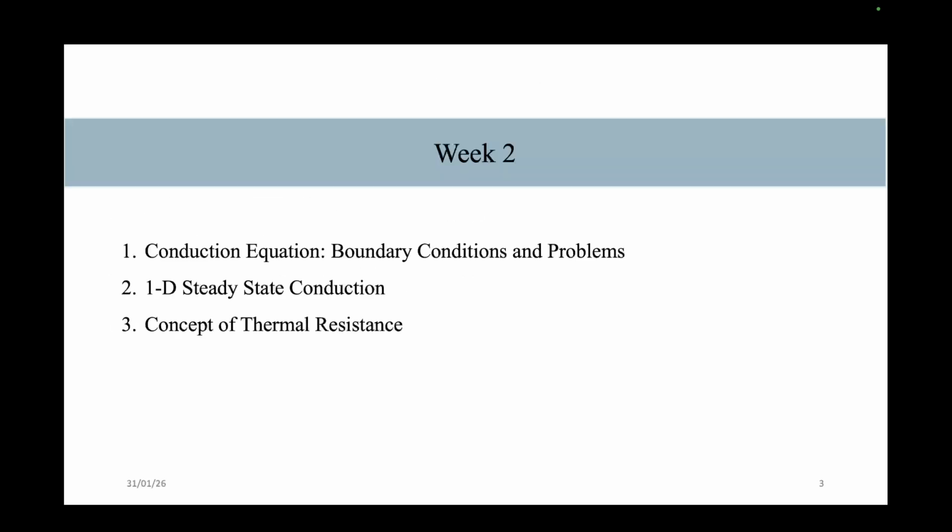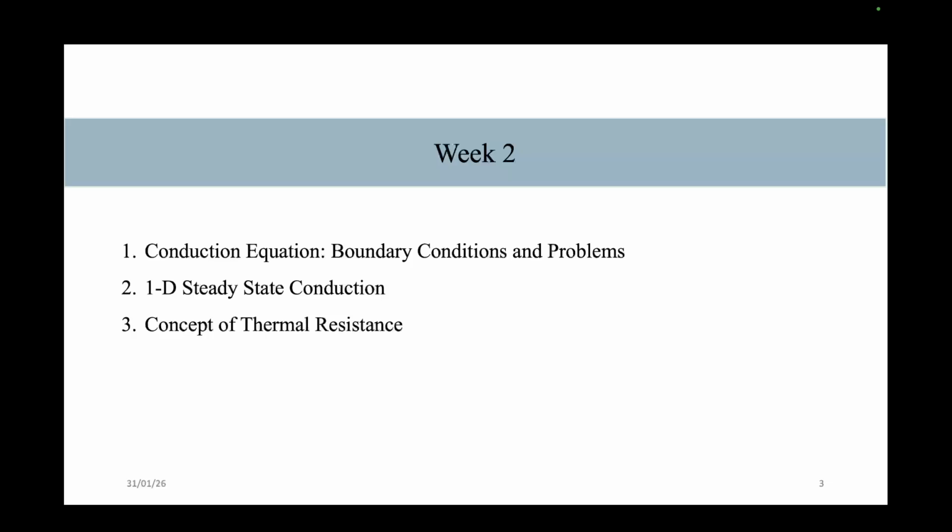Before coming to the contents of the second week, in the first week we discussed conduction and convection, how they differ from each other, and the derivation of the conduction equation. In this week we will deal with boundary conditions for the conduction equation, and along with these we will solve some numericals.